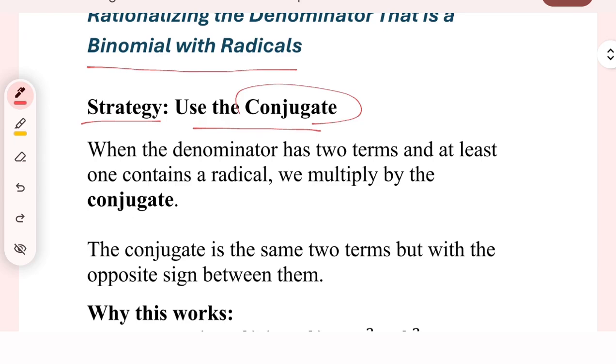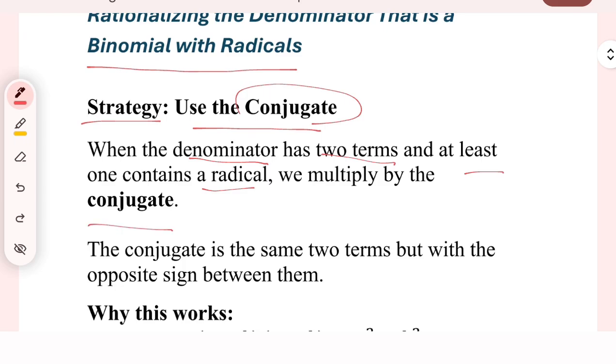When the denominator has two terms and at least one contains a radical, we will multiply it by the conjugate. So take note, the denominator has two terms, so it's a binomial, and it has a radical in it, and we will multiply it by its conjugate.